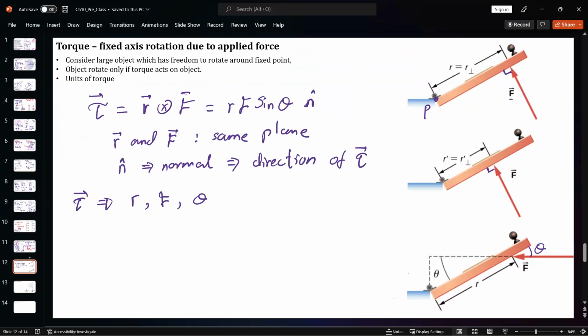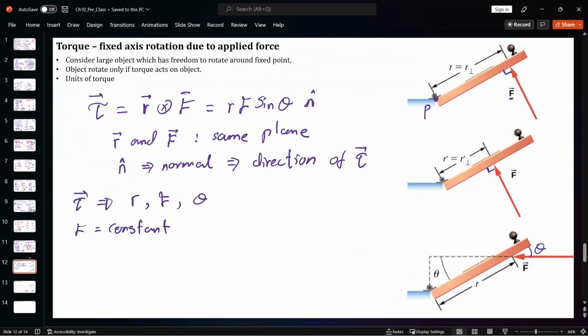If I compare these cases, let's assume we keep the magnitude of the force constant in those three scenarios we have here.